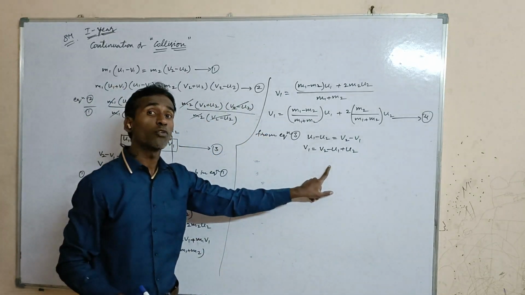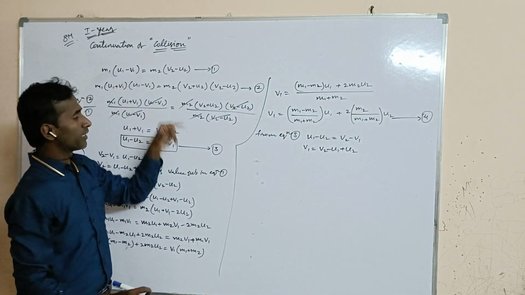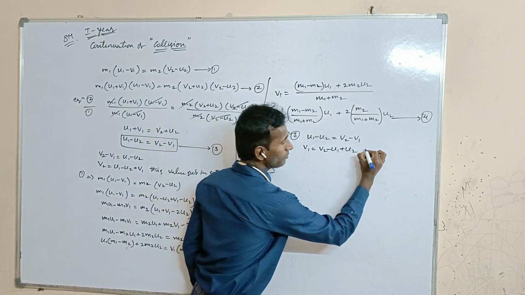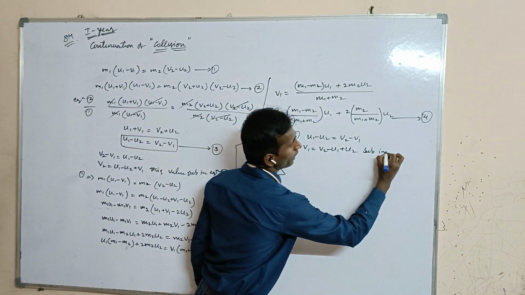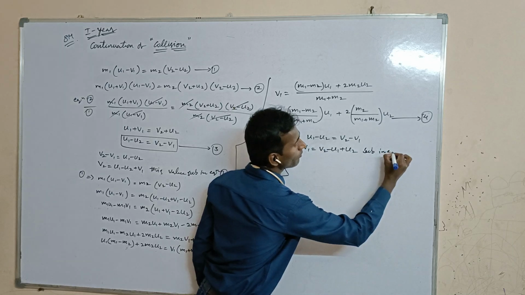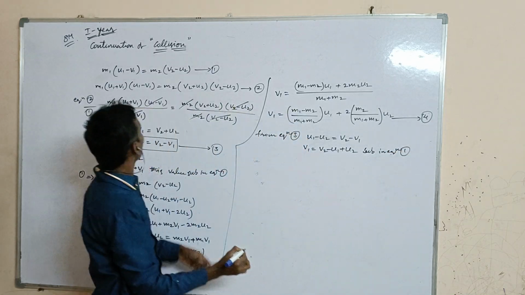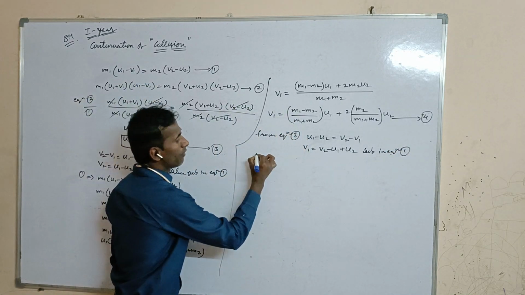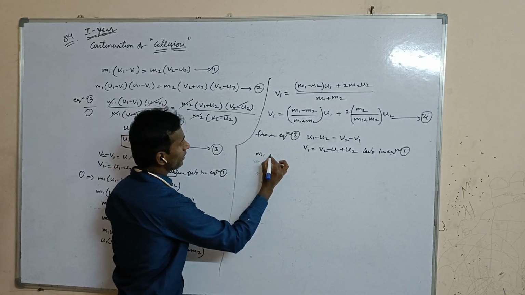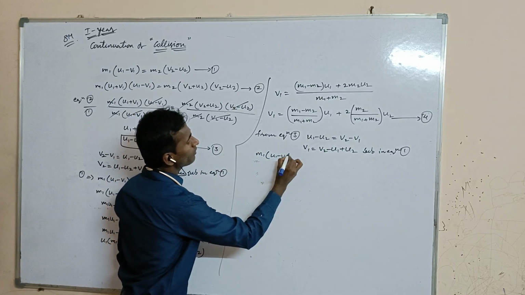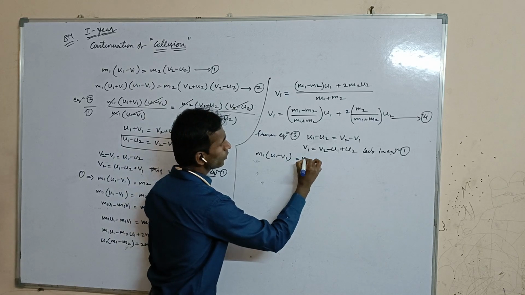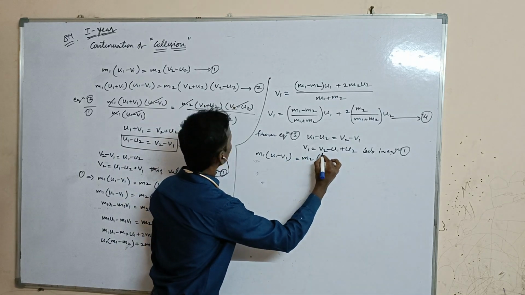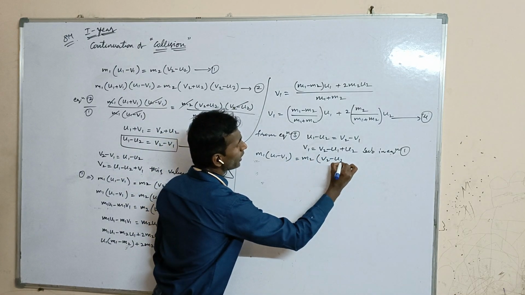This v1 value we have to substitute in equation number 1. What is equation 1? m1 into (u1 minus v1) is equal to m2 into (v2 minus u2).